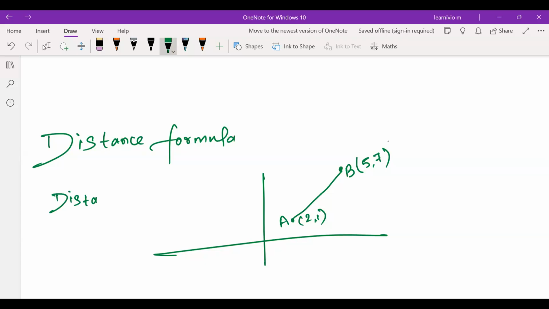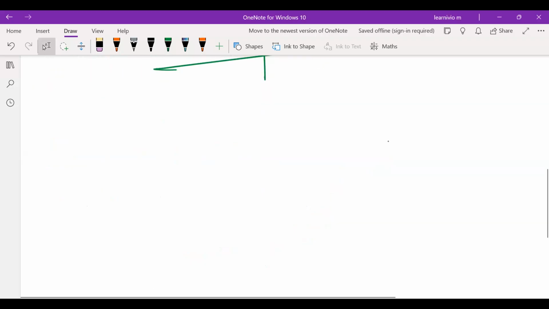The formula I am writing, and then I will show you the uses of the formula. Distance between 2 points. So the formula is square root of... actually it came from the Pythagoras theorem only. So where the formula came from will never come in the exam. That is quite simple, but I'm directly showing you the formula.